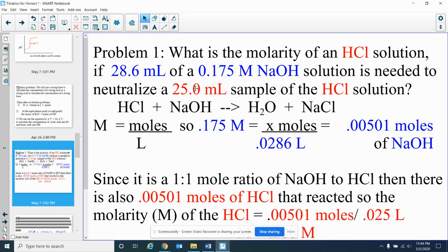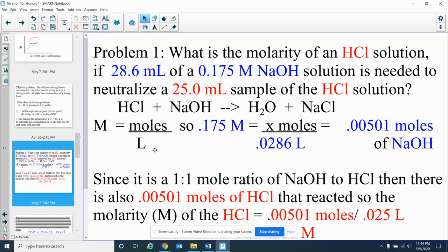And then I would have up in the burette the NaOH, that's 0.175 molar. And so I would add the NaOH, and it took 28.6 milliliters in this problem to make it turn pale pink. Again, I will show you an actual titration tomorrow.